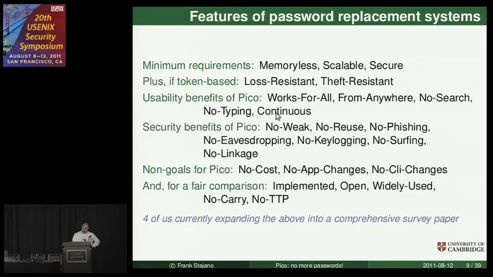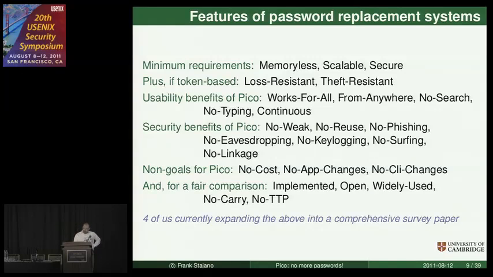Continuous is a different type of benefit. With a password, you type it into your computer and the verifier assumes you are there, but you may keep doing stuff for several hours, maybe the whole day, and it has to still assume that you have been there all along, whereas maybe at some point you just went to the toilet and someone used your computer while you were logged in, or, as happened, as we were told in the other talk, just stole your computer, but that's a different story.